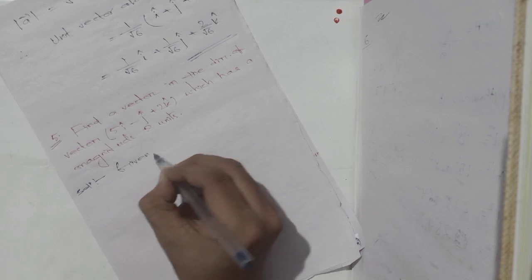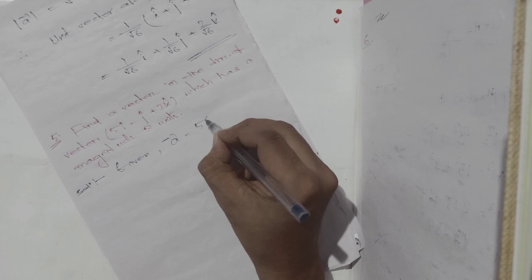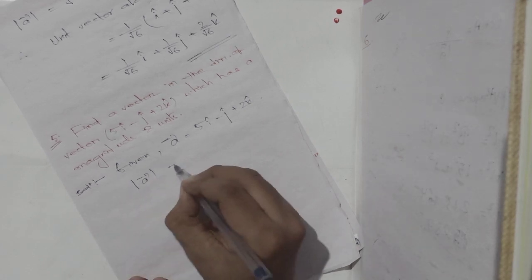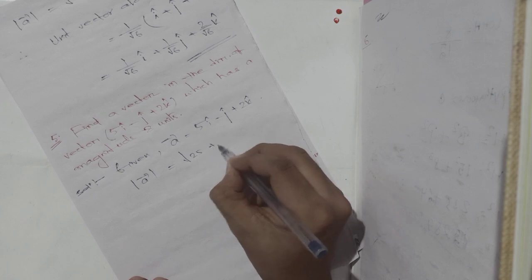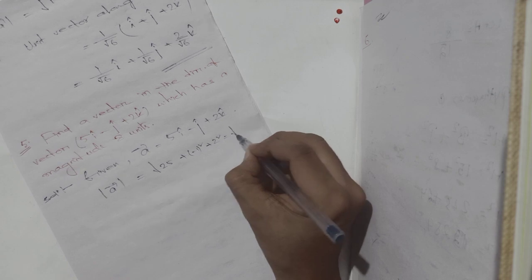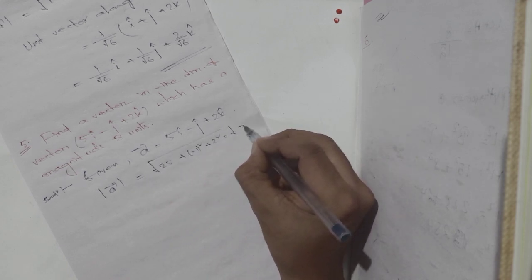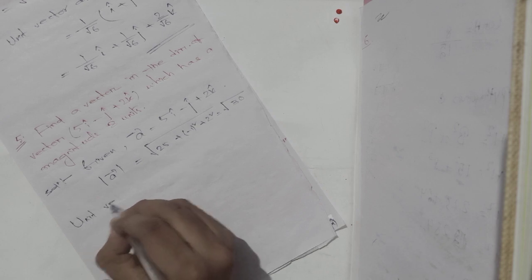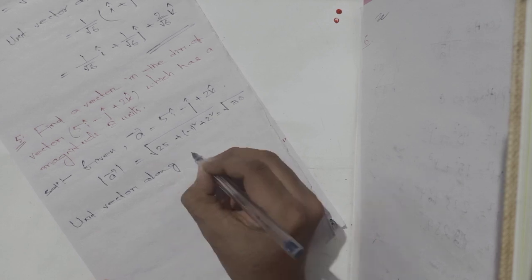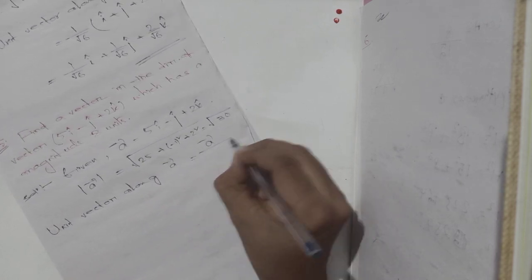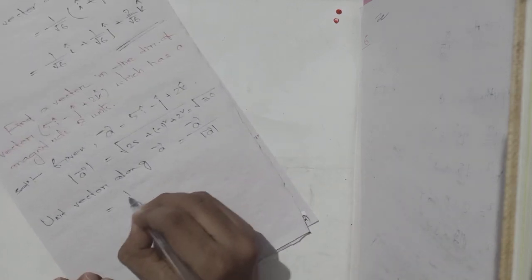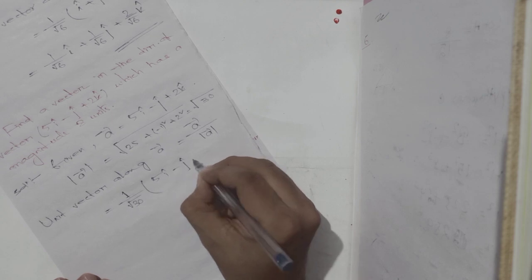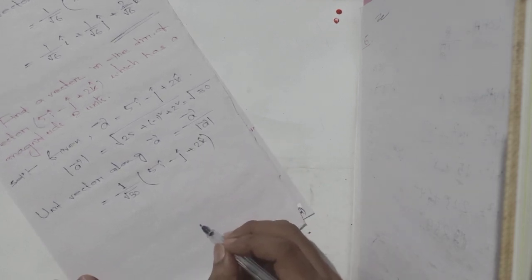So given vector 5 I cap minus j cap plus 2 k cap, the magnitude of this vector will be root over 25 plus minus 1 square plus 2 square, equal to root over 30. 25 plus 4 is 29, plus 1 is 30. The unit vector along vector A, the formula is vector A by mod of vector A. So it will be 1 by root over 30 into 5 I cap minus j cap plus twice k cap, right?